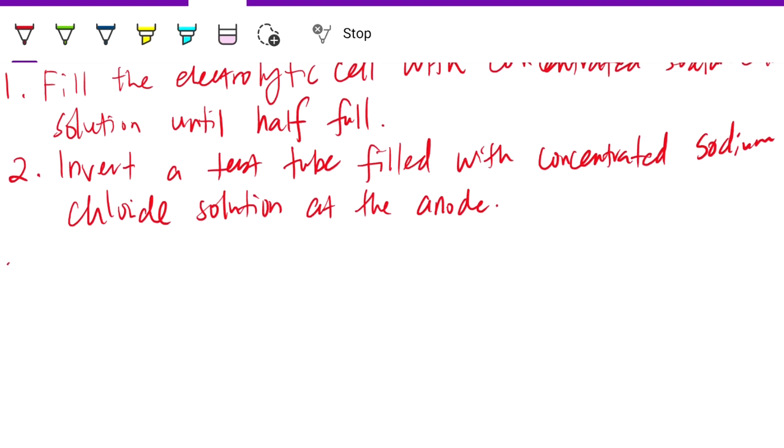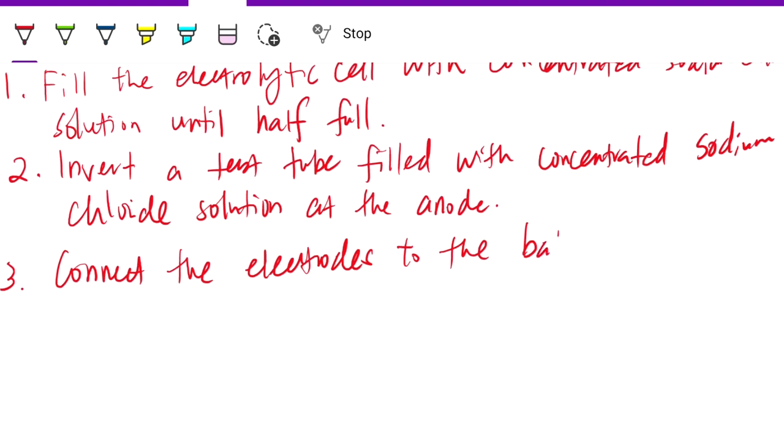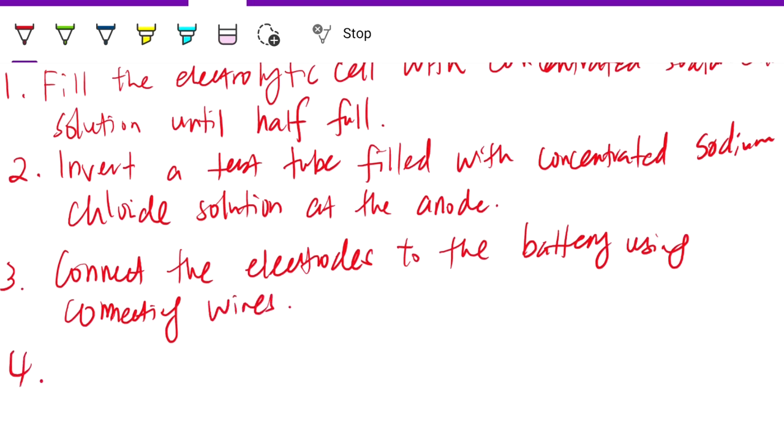After that we connect the electrodes to the battery using connecting wires. Then after that we complete the circuit.